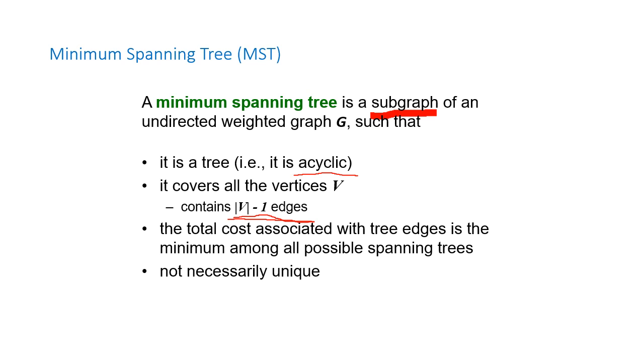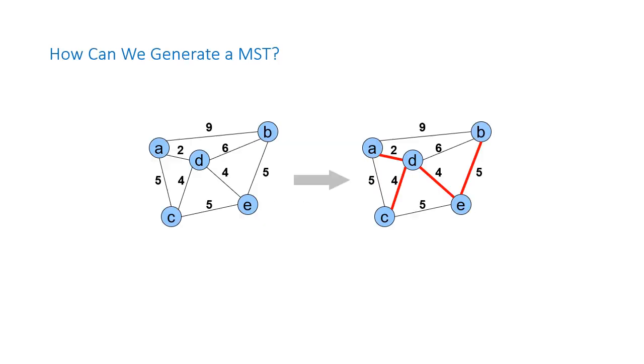The point is that we're trying to construct a subgraph that is acyclic. It covers all the vertices, in our case all of the subscribers, all of the customers, and the total associated weight is the minimum that we can obtain from the graph.